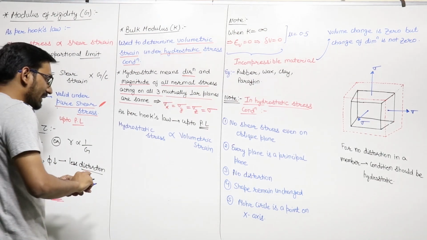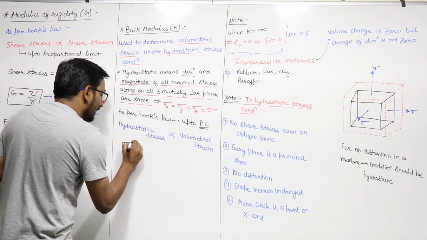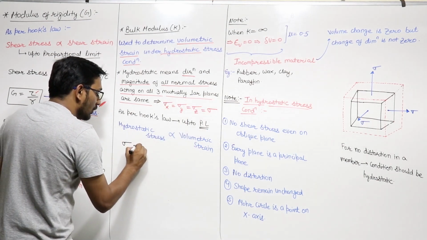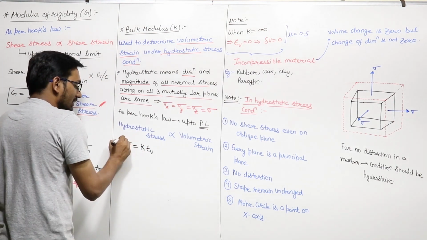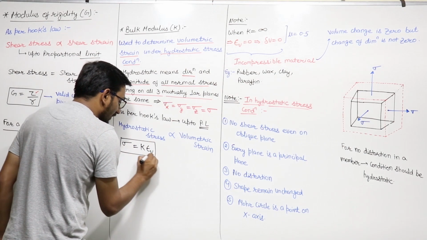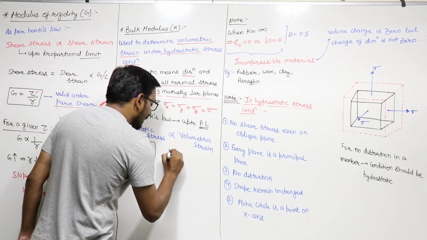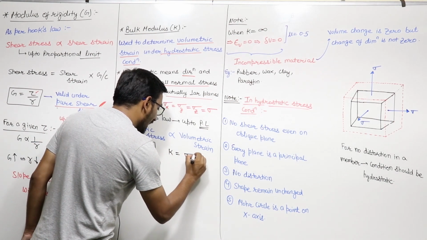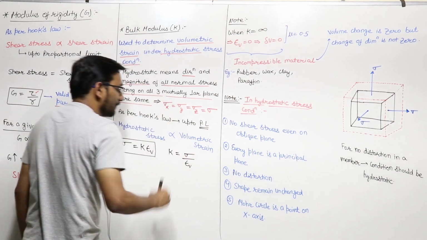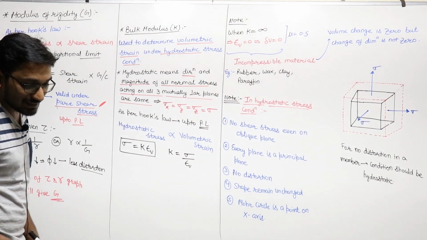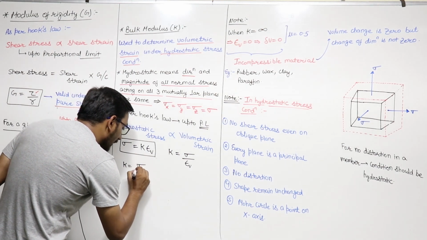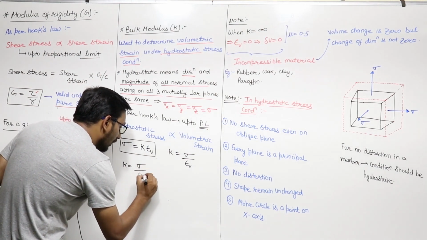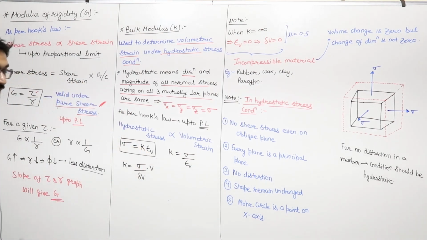If I remove the proportionality sign, hydrostatic stress sigma is equal to your bulk modulus K into volumetric strain epsilon V. This is volumetric strain. So from here you can write that bulk modulus is equal to sigma upon volumetric strain, and the volumetric strain is change of volume upon original volume.